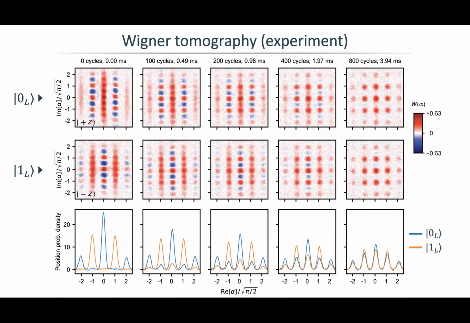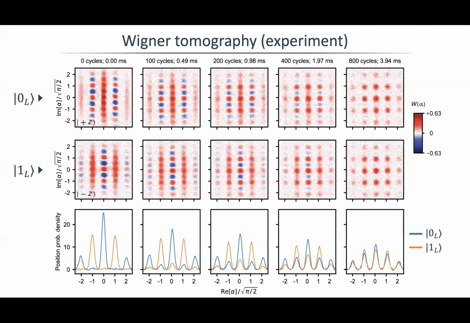After 100 cycles, the state is already nicer. And then as time goes on, this pattern that allows us to identify which of the two states we're looking at just gradually decays. And eventually these states look almost the same. That's exactly the process of logical decoherence. The same thing is shown at the bottom, where we look at the probability distribution of the position of an oscillator, which is obtained by integrating the Wigner function.